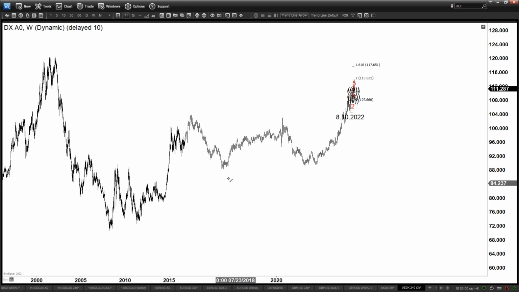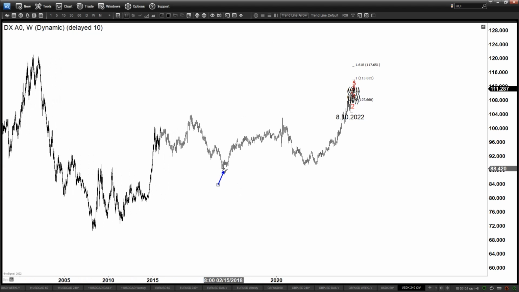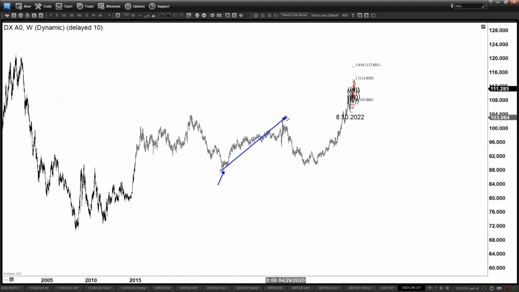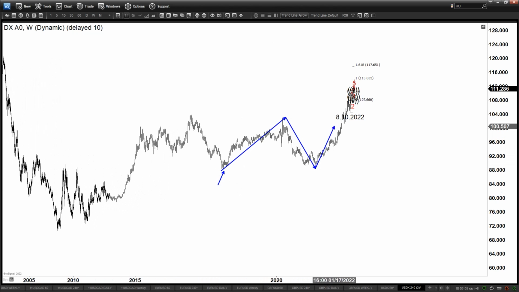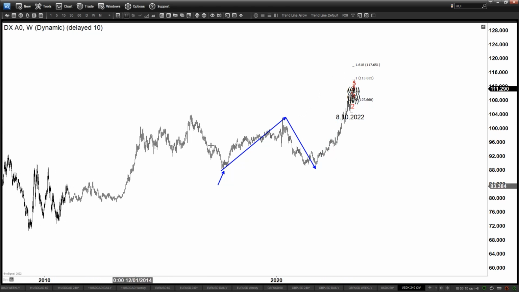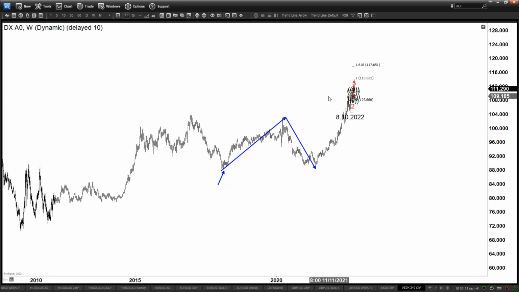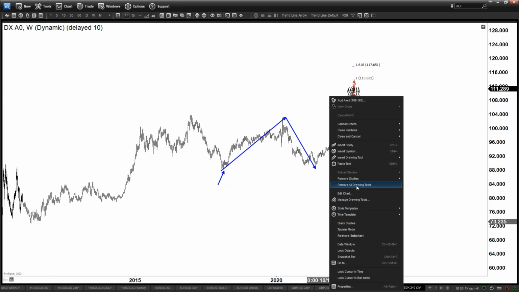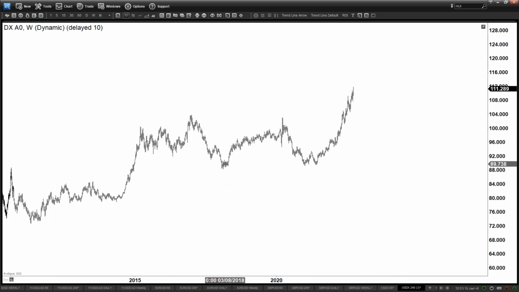And even from 2018, this looks impulsive, and this looks impulsive, but it's only looking like 3 swings, right? If it is an impulse, we should be in 5 waves, not 3 waves.